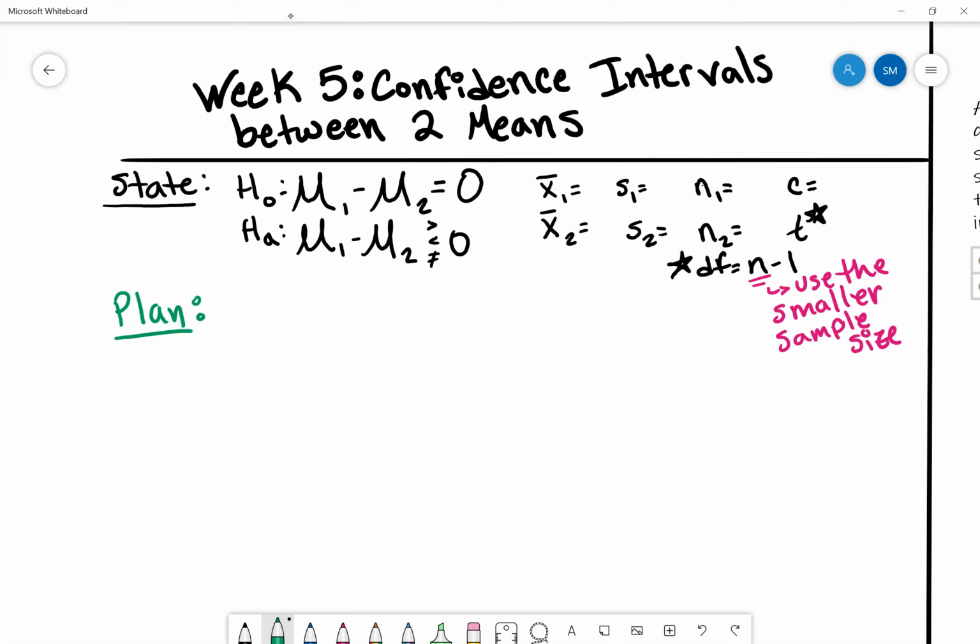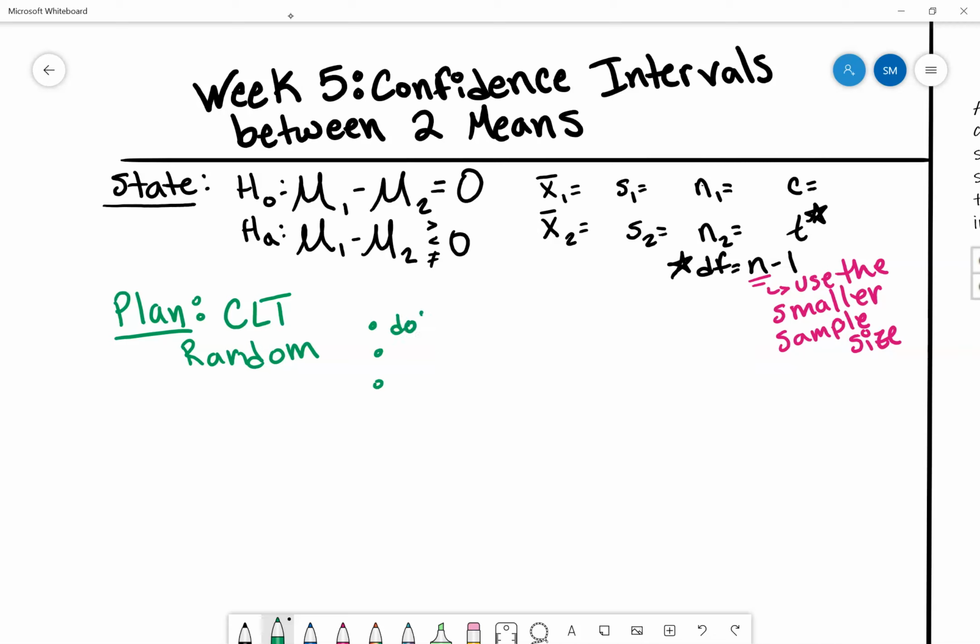Whenever we plan, the first thing that we're going to do is recognize that we're looking at the central limit theorem. The first question is, is it random? Yes or no? If it's no, then leave it alone. The second part can be either one of these three things.